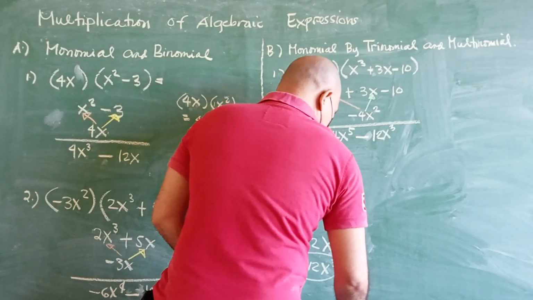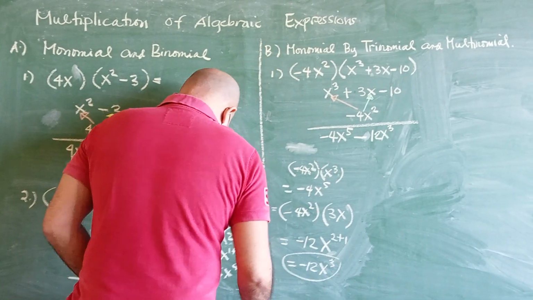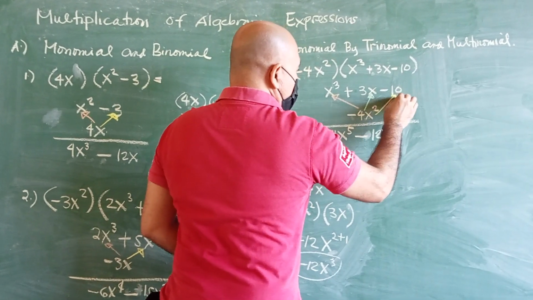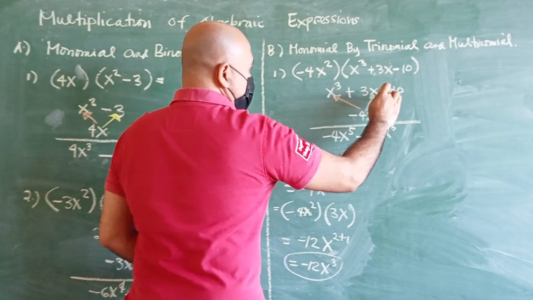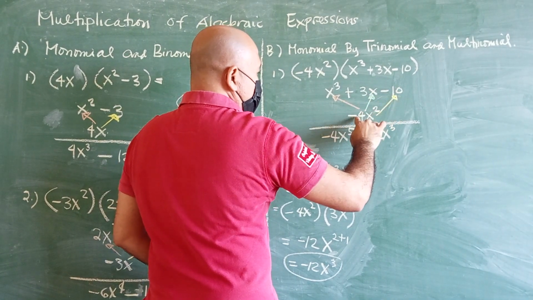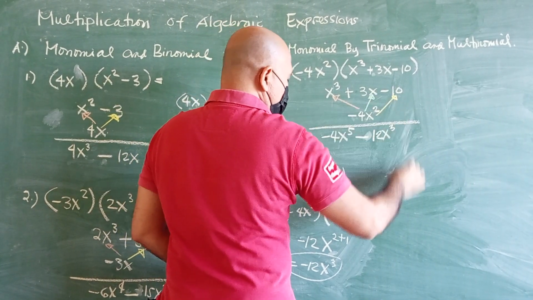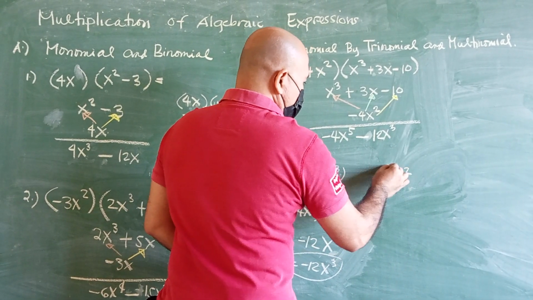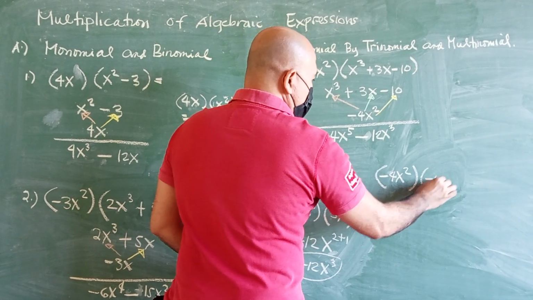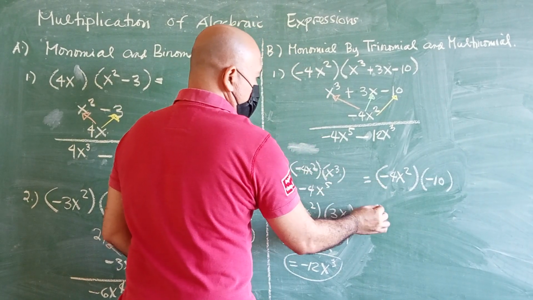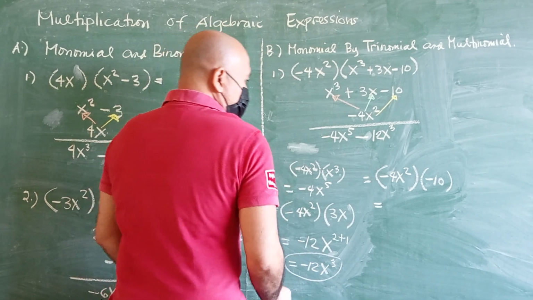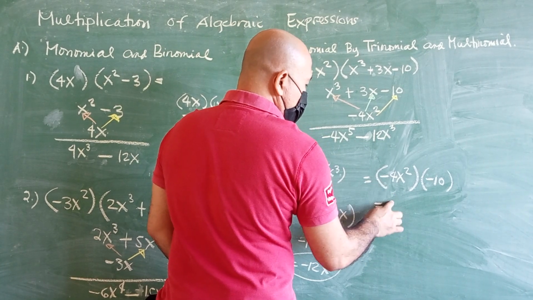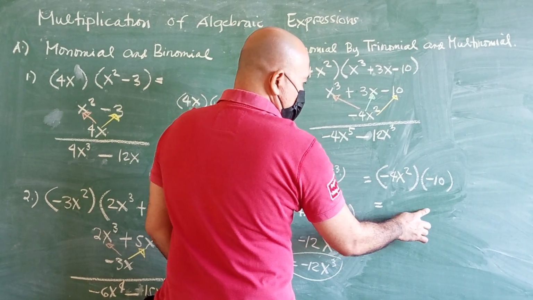And the last one for this part is you multiply negative 4x squared to the last term of the first line, which is negative 10 or minus 10. So we have negative 4x squared times negative 10, including the minus symbol that becomes negative. And when we multiply the same signs, that becomes positive. So your answer here is no longer negative.